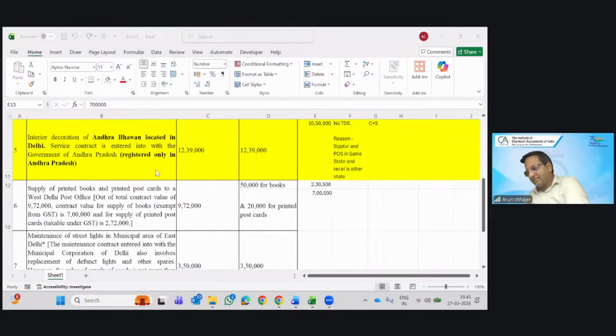Why no TDS? Because TDS is applicable only on the taxable supplies, not on the exempt supply.